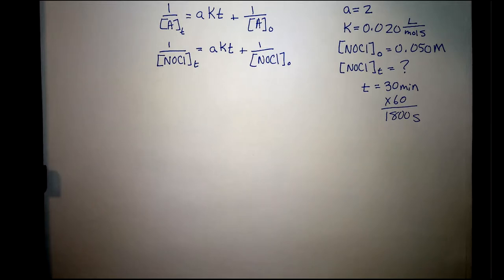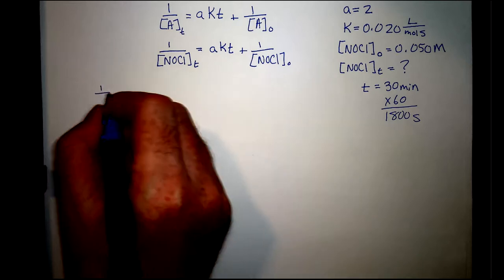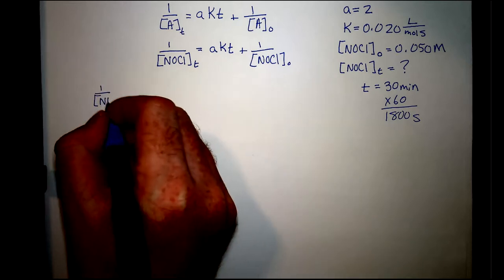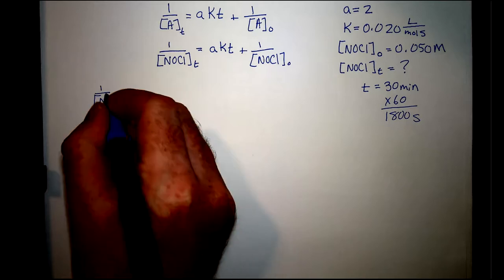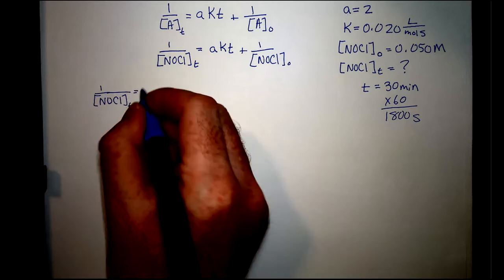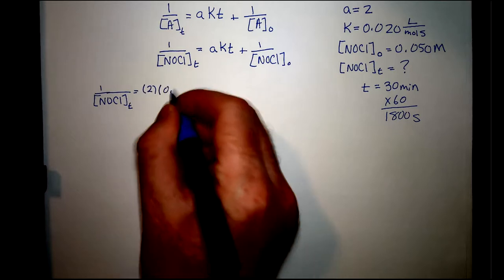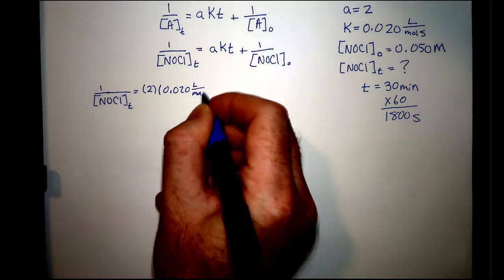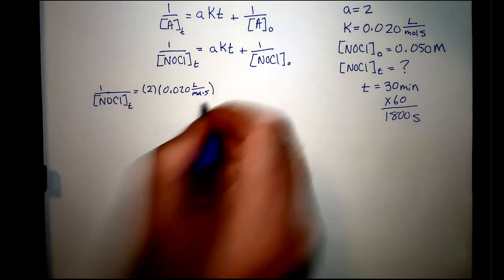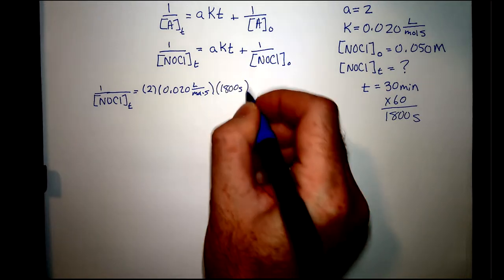But I still am going to need how much is left, so I don't really have to solve for anything. But remember, I'm talking about 1 over, and it's easier to solve for that once I've got an answer. So I'm just going to leave it solved for 1 over and then plug and chug. So we're going to put in a 2, we're going to put in our k, and then our t is 1800 seconds, and now you see those units cancel.